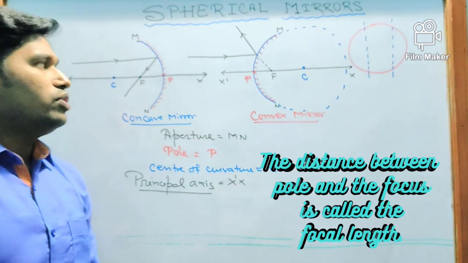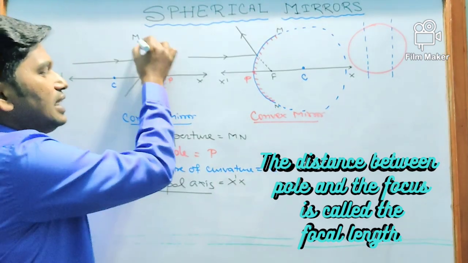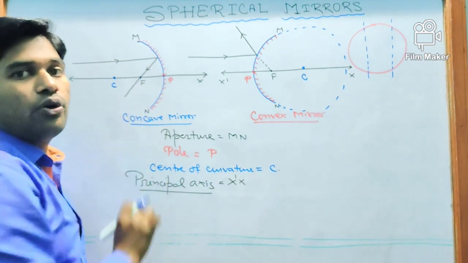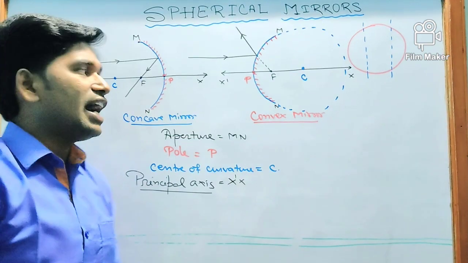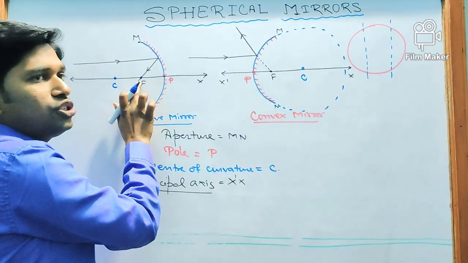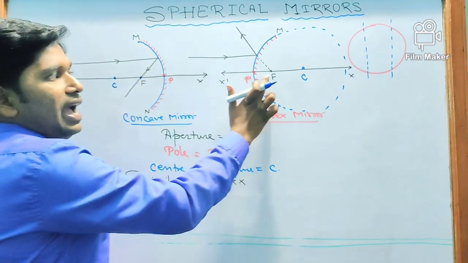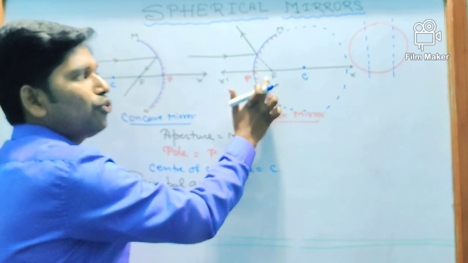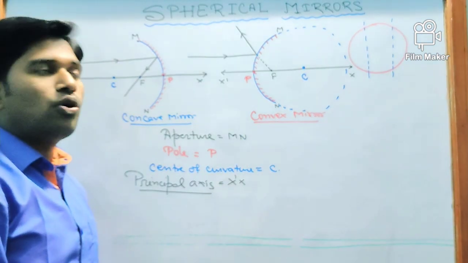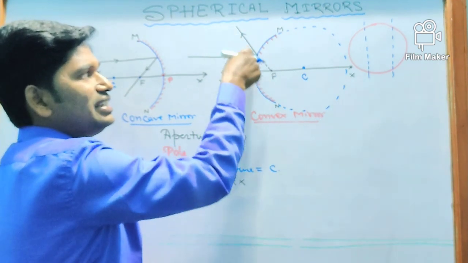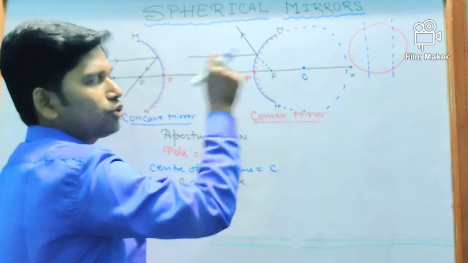In a concave mirror there is a real focus, because the rays of light after reflection pass through a point on the principal axis. In a convex mirror the focus is virtual, because the reflected rays appear to diverge from this point.